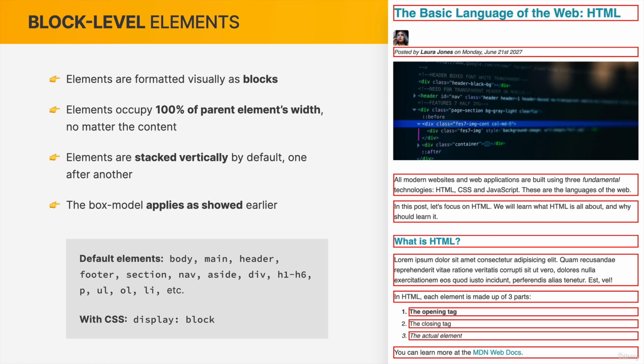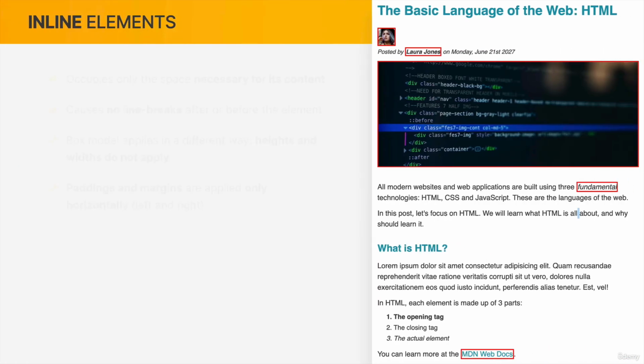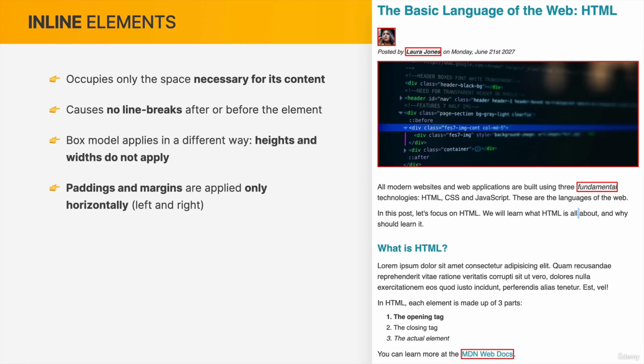But for now, what I want to do is to look at the inline element and how it's different from block level elements. So here I marked the inline elements with this red border, and you see that as expected, they only occupy exactly the space that is needed for its content. They also don't create any line breaks after or before the element, and so therefore they can simply stay inside of their parent elements without creating any additional space.